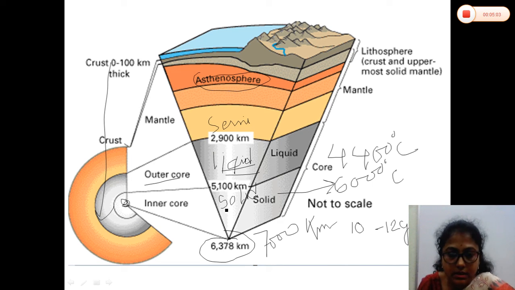Now the main matter of this core is nickel and ferrous, that is Ni and Fe. As these two have magnetism, the core is acting like a magnetic field, and the inner core is solid because of extreme pressure. Another name of this core is the Nife, because it is made up of nickel and ferrous.